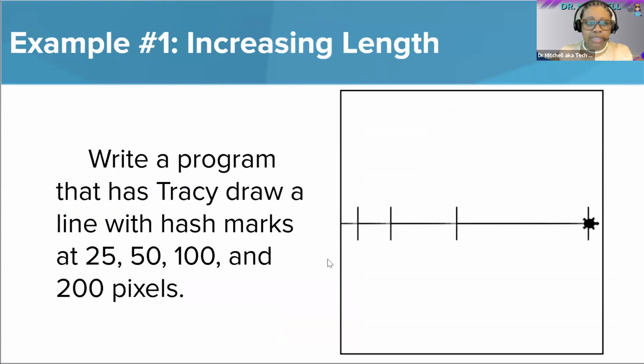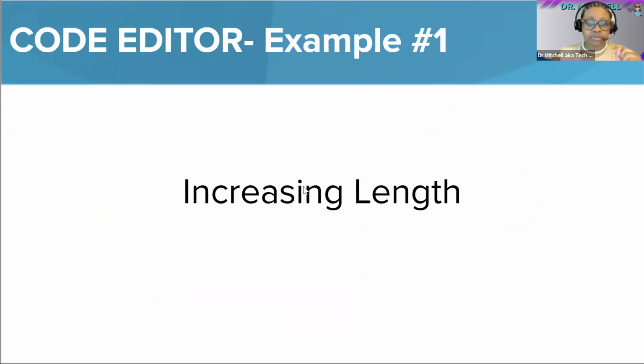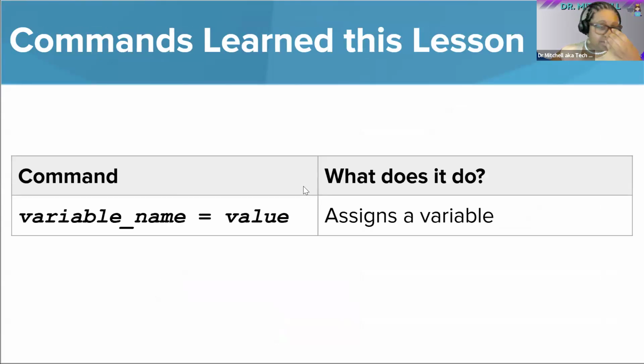So again, this is an example of increasing the length. So you want to write a program that has Tracy draw a line with a hashtag at 25, 50, 100, and 200 pixels. So when we increase that length, this is one of those exercises.